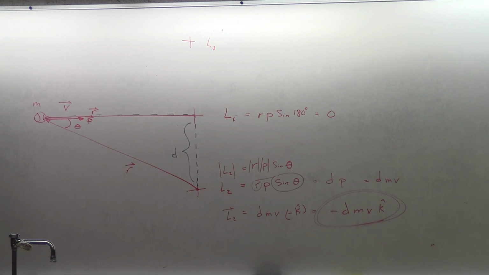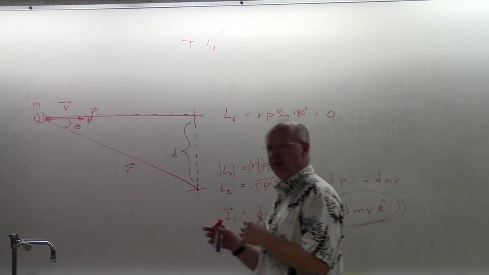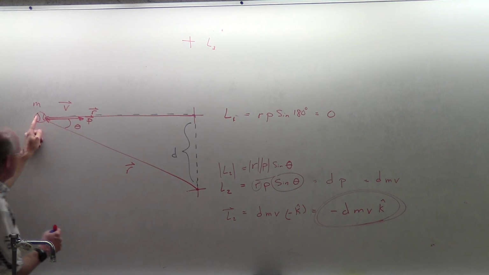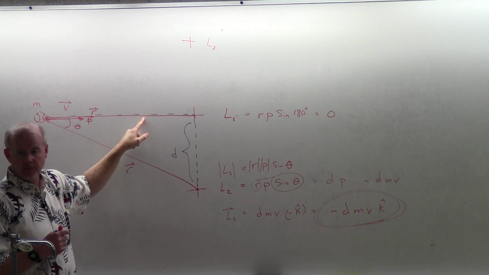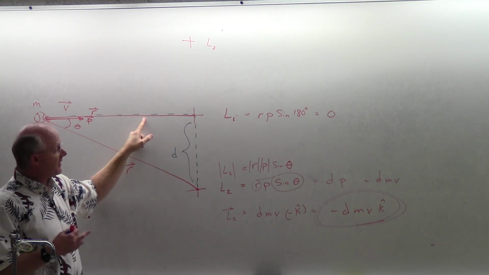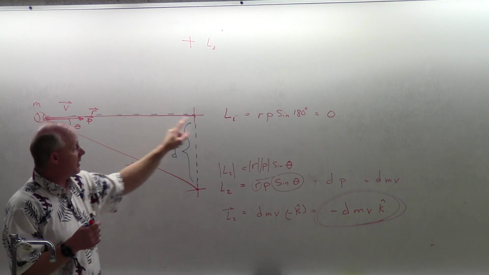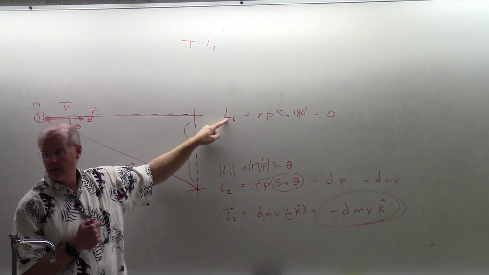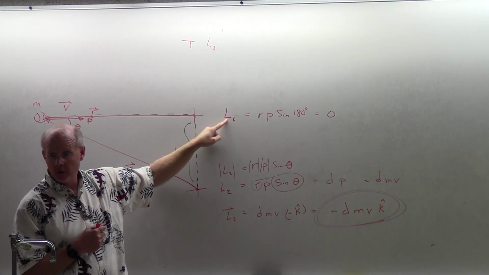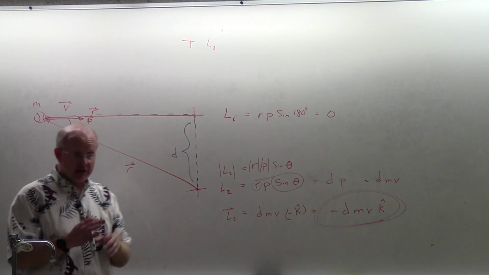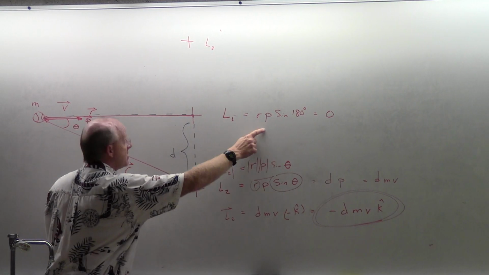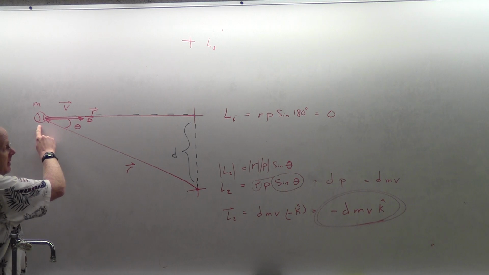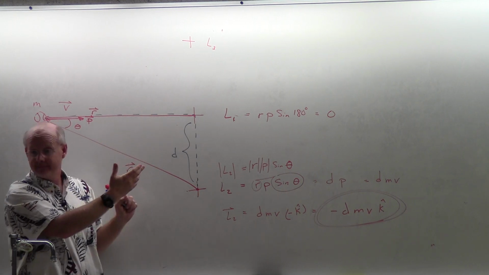By the way, this then is a good example to illustrate what would happen a few moments later. Well, the ball wouldn't be here, but it would be here. And you go to calculate the angular momentum, what would you get here? Wouldn't you still get 0? So if you'll notice something, this origin said you should have 0 angular momentum here, and when it gets closer, you still have 0.